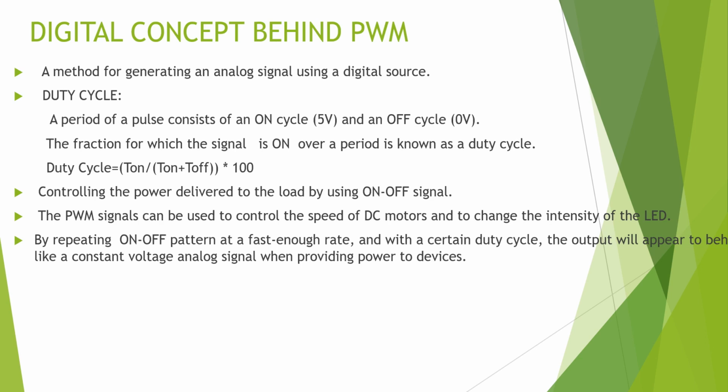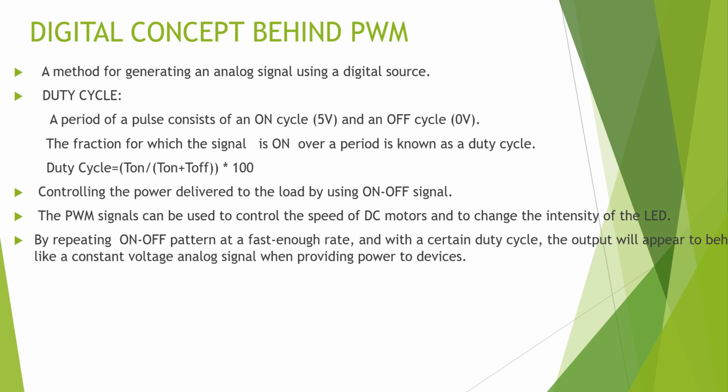It glows, but it is dimmed. It does not have the full brightness. Next case: if I supply only 1 volt, same, it glows, but brightness is reduced. Okay, so this is the concept.